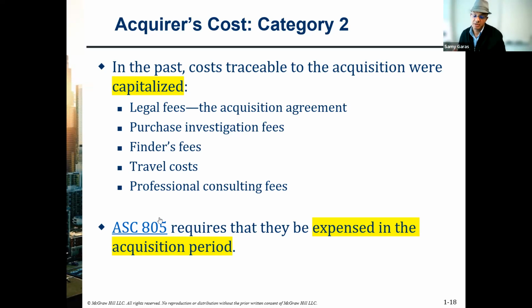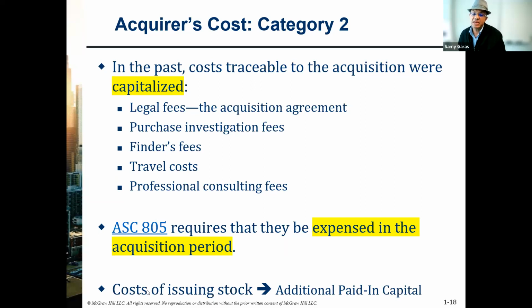The parent company, because the parent company is paying those fees and they will go under expenses. And if we pay anything related to issuing stock, it will go to additional paid-in capital. What are the costs that we pay for issuing stock? Either legal fees or accounting fees or filing fees at the Securities and Exchange Commission. All of them will go under additional paid-in capital.